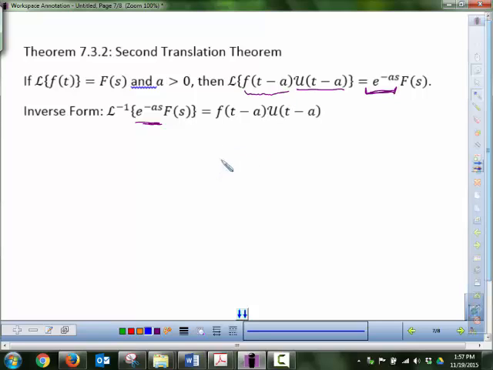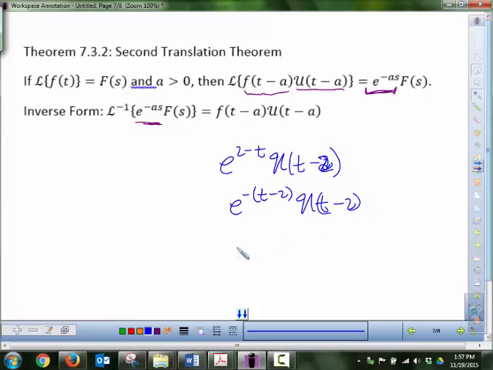So let me rewrite the problem. Was it e to the 2 minus t times the step t minus a? So I rewrote this as f of negative parentheses t minus 2. Right? So I need to identify the values that I have here. I have a is equal to 2.